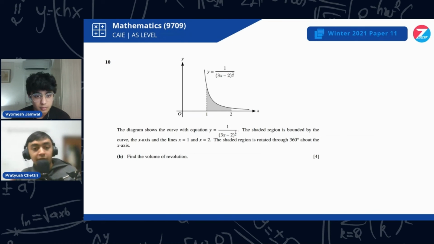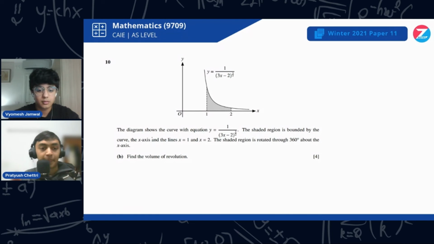Volume of revolution here. Interesting question. The diagram shows a curve. The shaded region is bounded by the curve, the x-axis, and the lines x is 1 and 2.